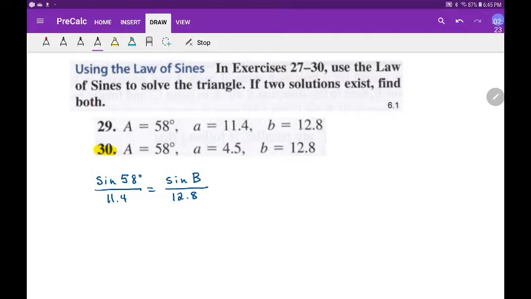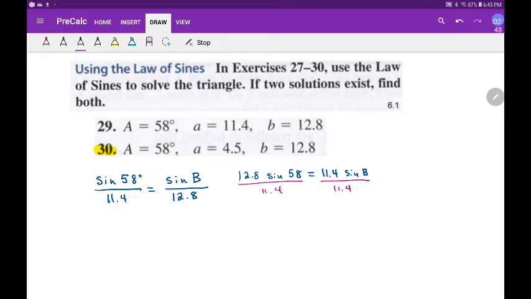Okay, so when I multiply this out, I get 12.8 times the sine of 58 is equal to 11.4 times the sine of B. Okay, and I divide both sides by 11.4, and I'll do that real quick on my calculator.